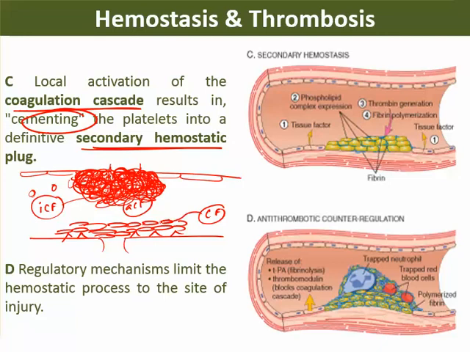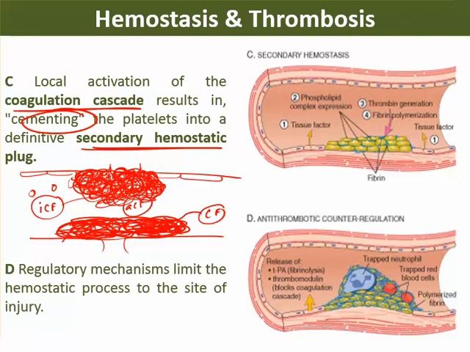Then they form cement-like attachments, and they form the secondary hemostatic plug. If anybody is having clotting factor deficiency, do you think this can happen? No. This cannot happen. Or if anybody is taking a drug that will not activate the clotting factor, do you think it can happen? So the patient will go for bleeding.